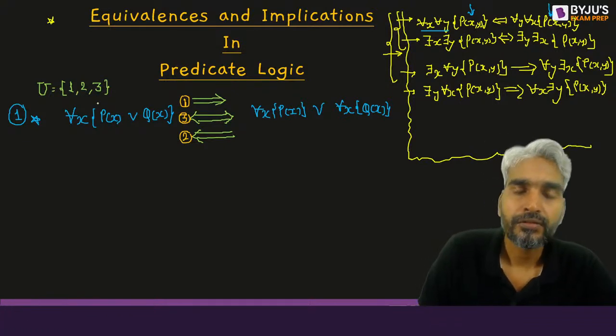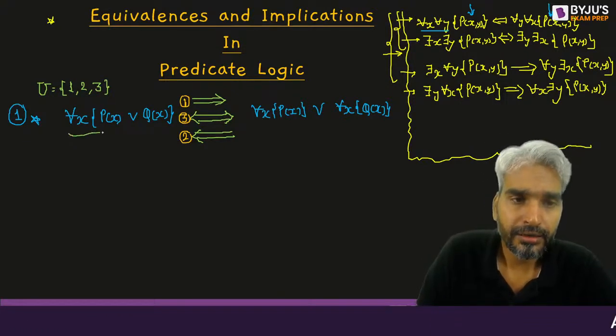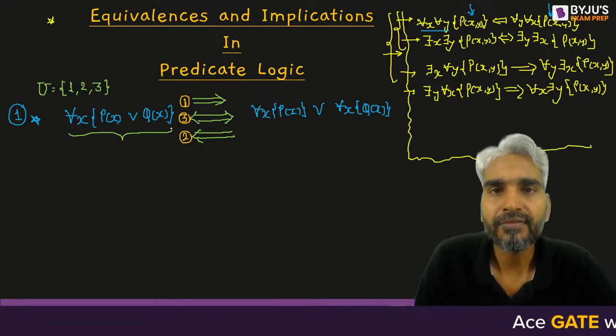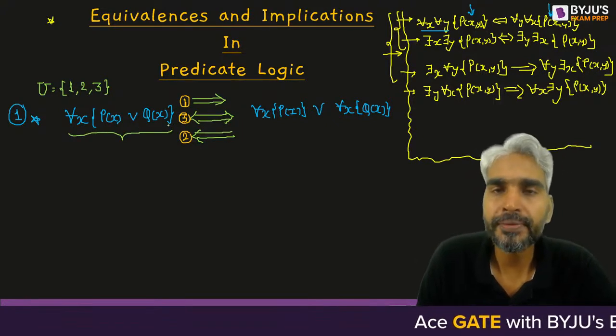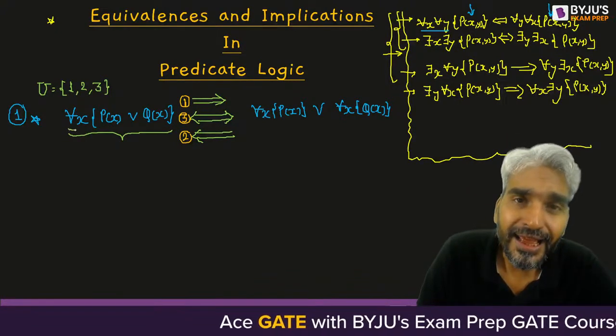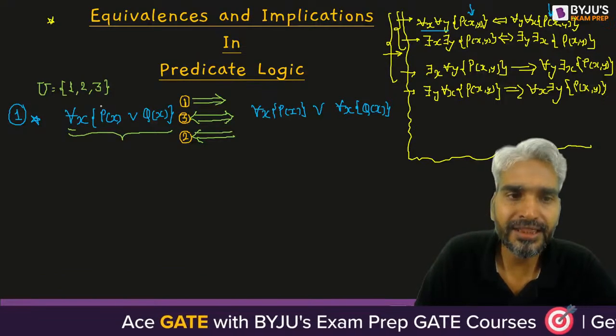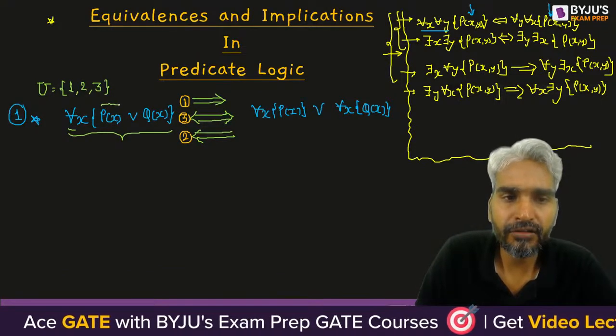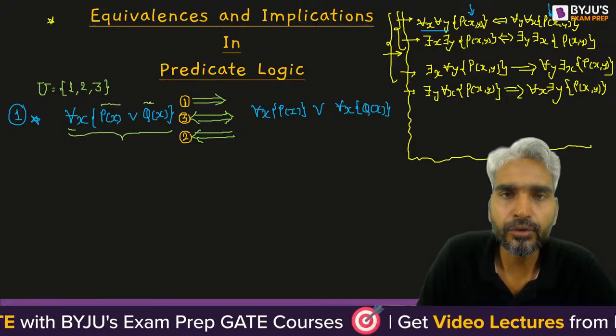Now, this overall predicate formula will return true if for all the X, the union of P and Q is true.